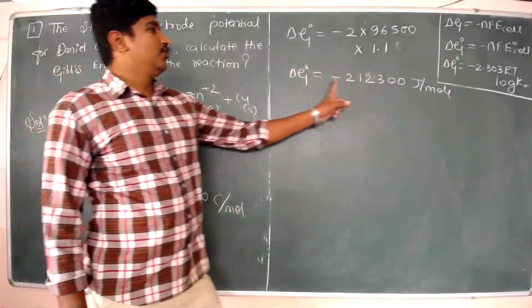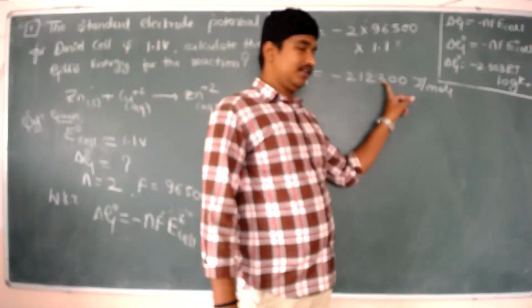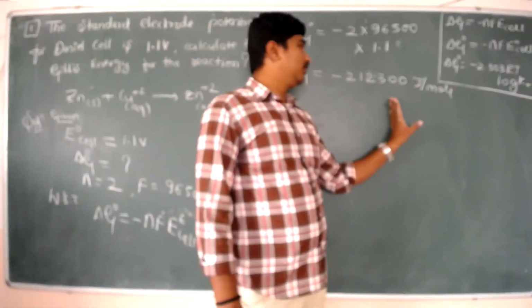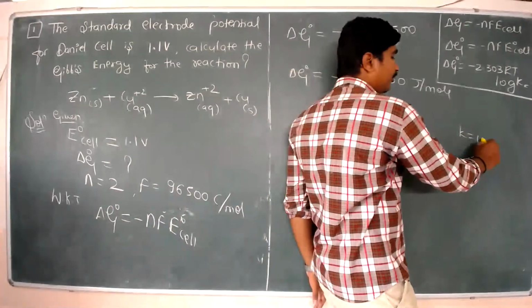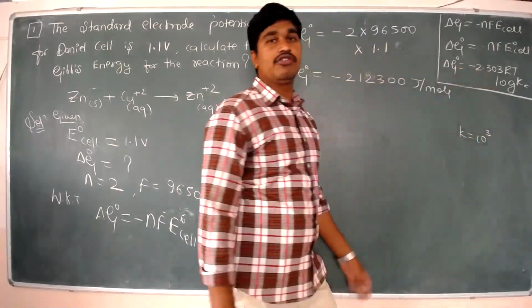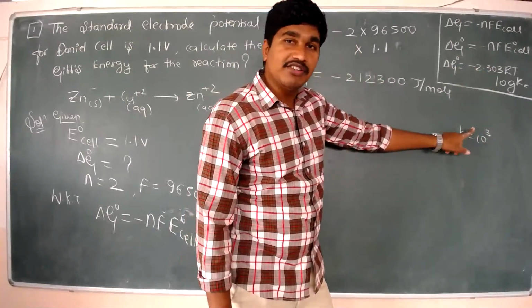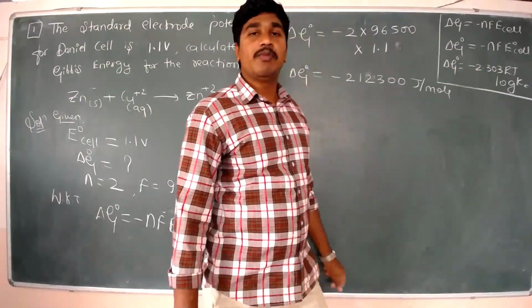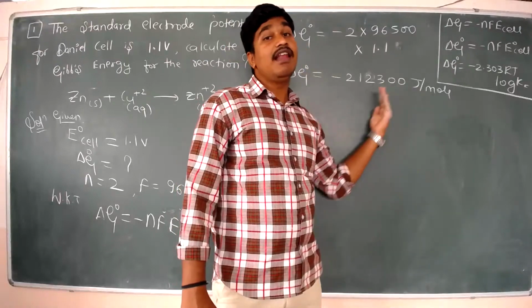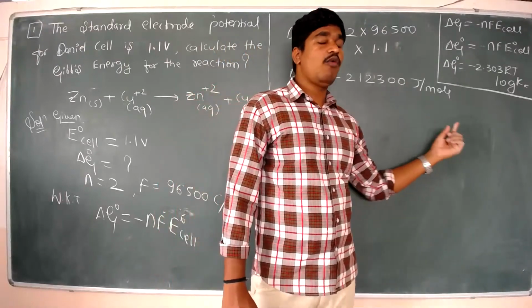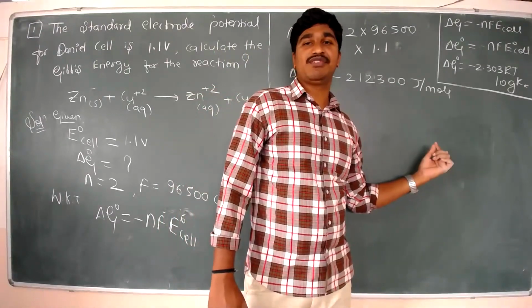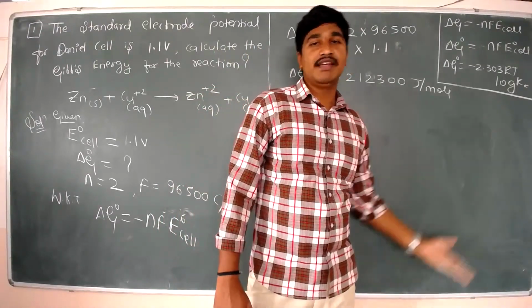212,300 joule per mole. I want to write it in terms of kilojoule. Kilo is equal to how much? 10 to the power plus 3 should be there. When do you get 10 to the power plus 3? When the decimal shifts towards the left side. That we have already discussed in first PUC. What happens when the decimal is shifted towards the left side, and what happens when it is shifted towards the right side?